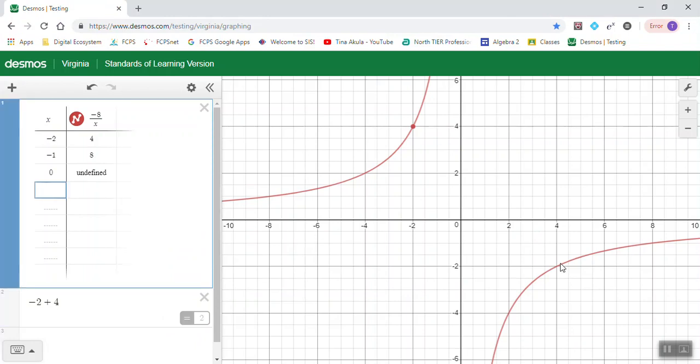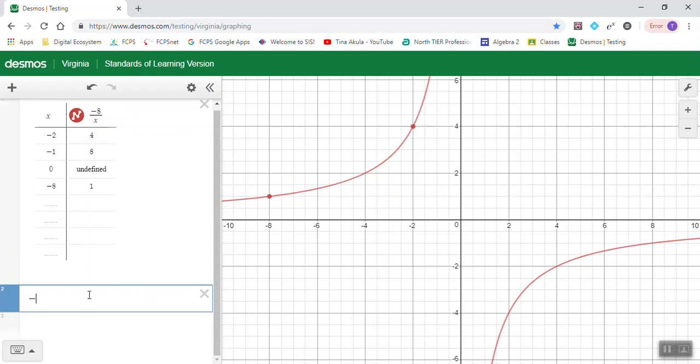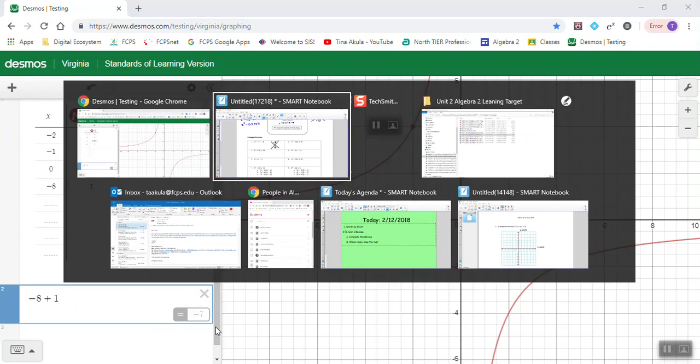How about negative 8 plus 1? Yes. Negative 8 plus 1 is negative 7. So these are my two numbers, negative 8 plus 1.